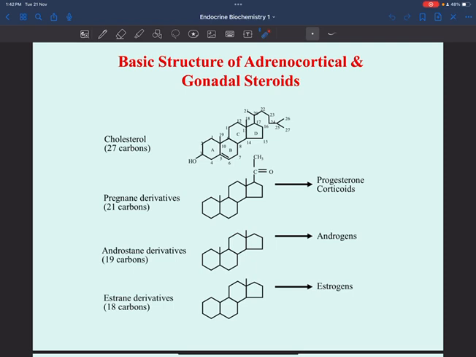For example, progesterone and corticoids have 21 carbons, compared with androgens, which have just 19 carbons. If it's one carbon less, it will be estrogens, as an example of derivatives of the steroid hormones in the male and female structures.